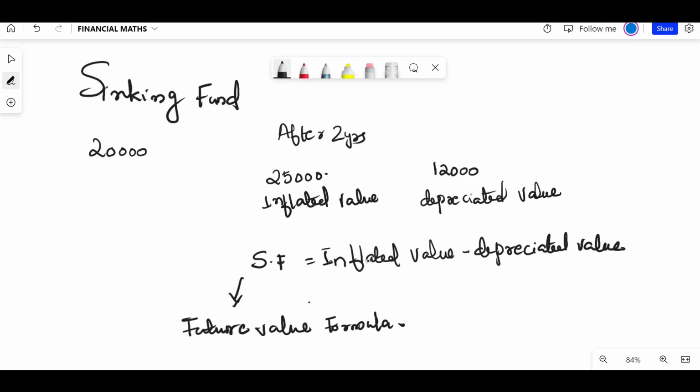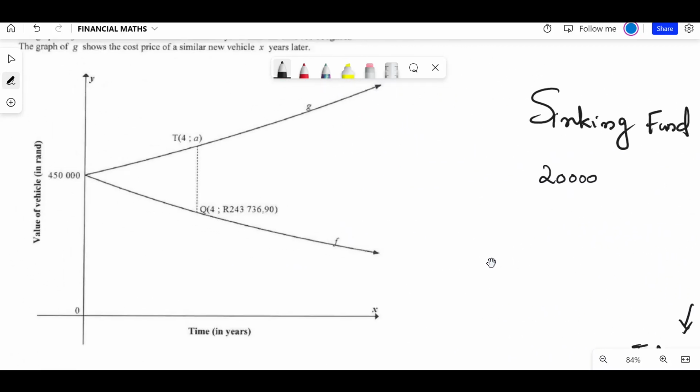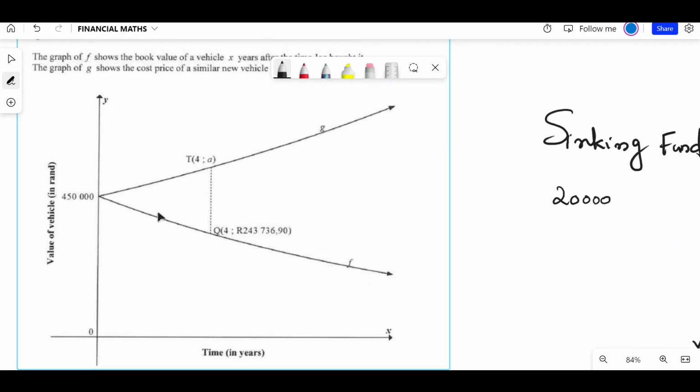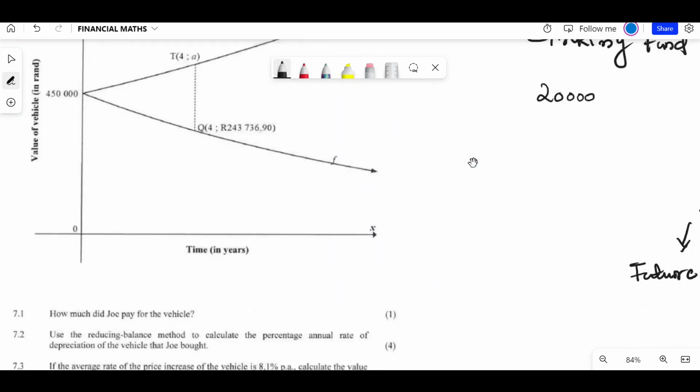So the sinking fund is inflated value minus depreciated value, and sinking fund problems are done using the future value formula. Okay, this is an example of a situation where we use a sinking fund. Now let's go to the problem. I mentioned the sinking fund because here we can see two different values, the depreciated values and the inflated values. So let's see what the question is saying now.